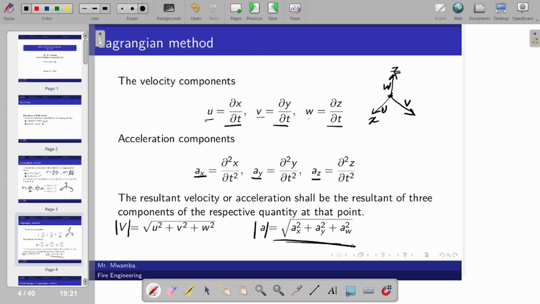So this is very important. If I ask you to find the resultant velocity, the first thing to think about is where are the velocity components? Where are the acceleration components? You find them, then you solve for this.